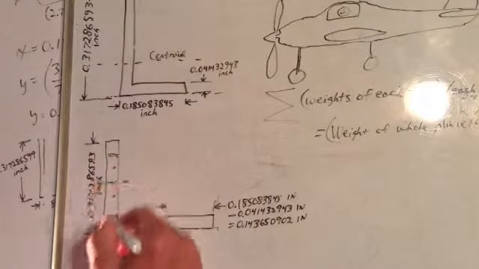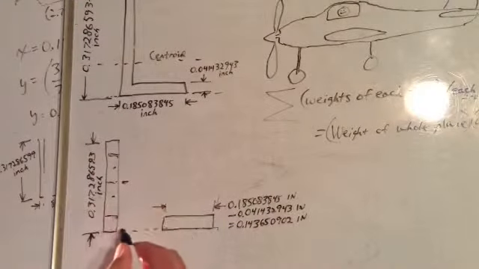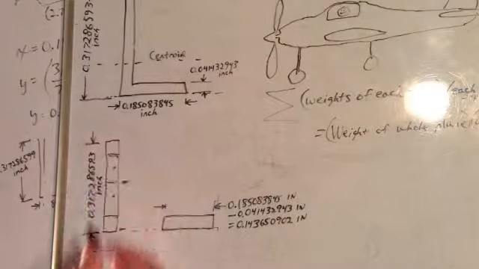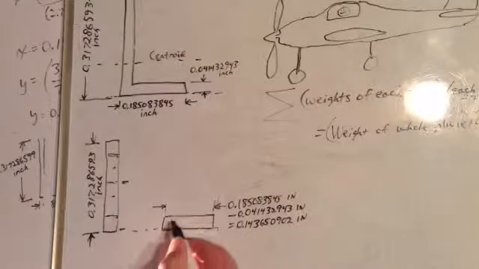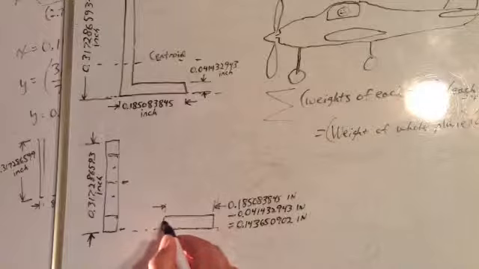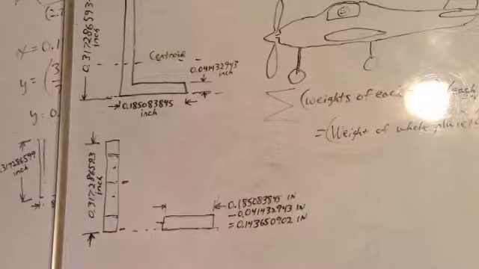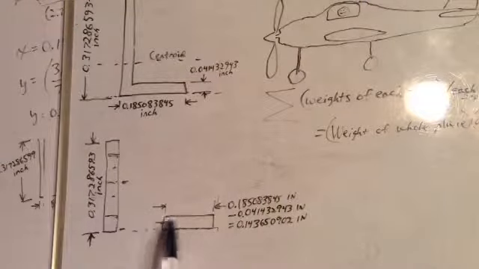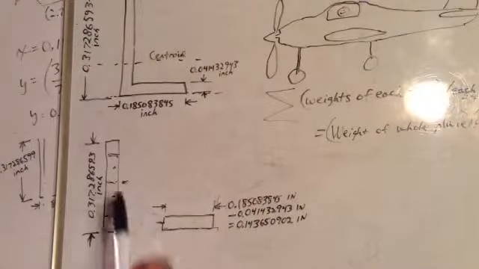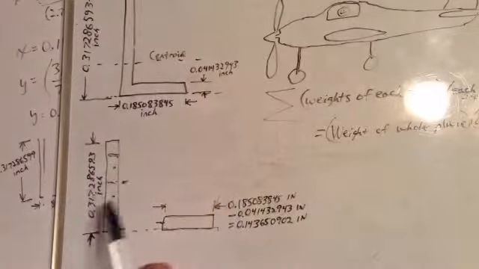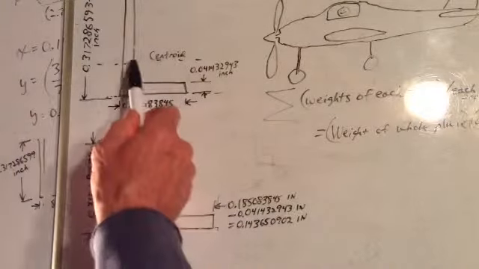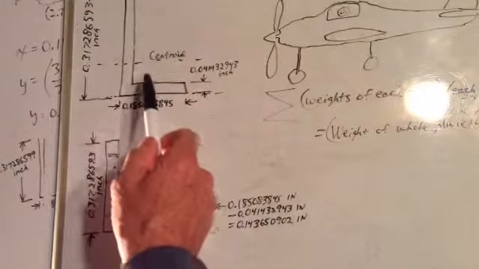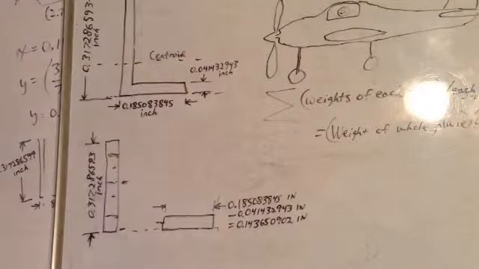So we're going to take all this area times this distance between there and there, which is halfway between there and there, and we're going to add that to the area of all that times its distance halfway up between there and there. And then we'll take what we have and we add that area times that distance plus that area times that distance, and we'll divide the whole thing by the whole area, and we'll get the distance to our centroid line, the distance between that dotted line and our reference line.